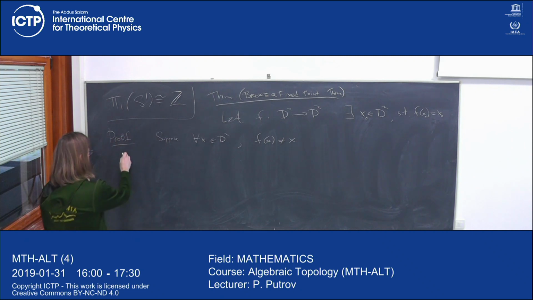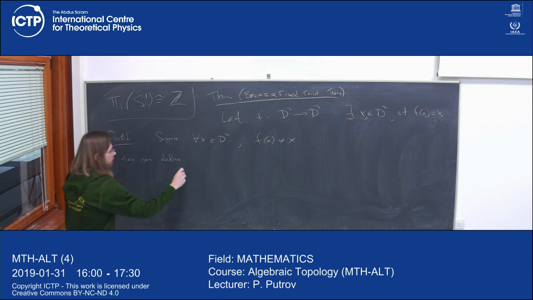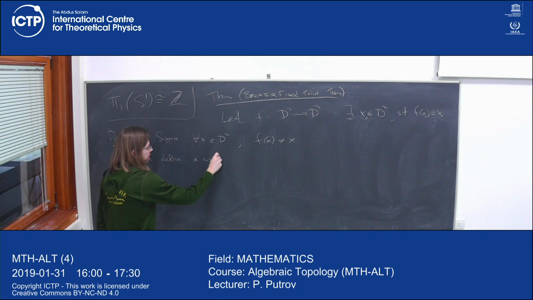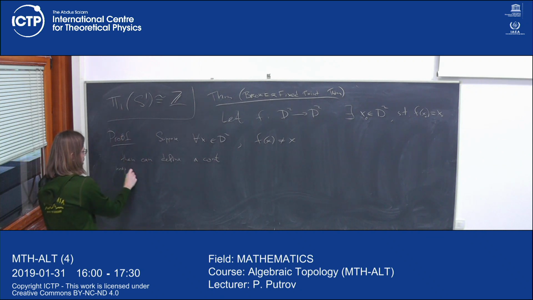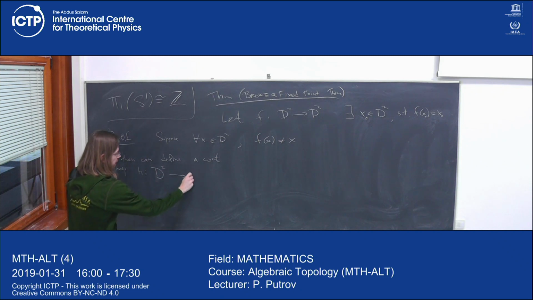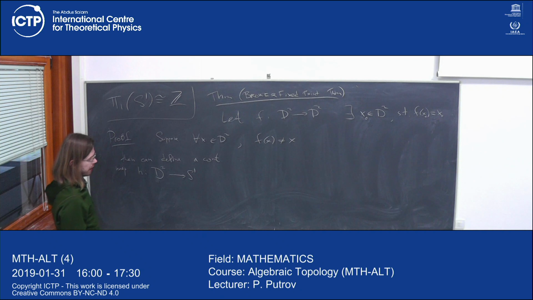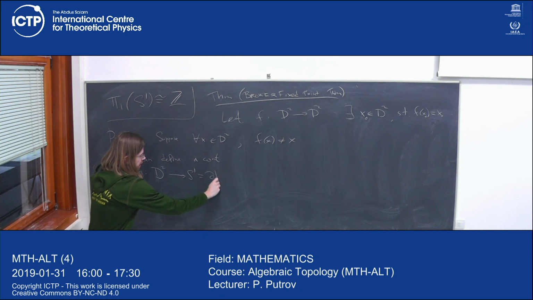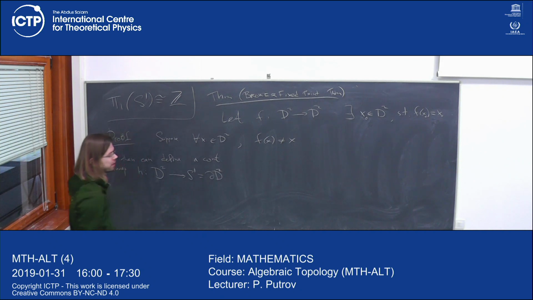And suppose this is the case, then it follows that we can define a continuous map, let's say h, from the disk to S1, which can be identified as the boundary of this disk.